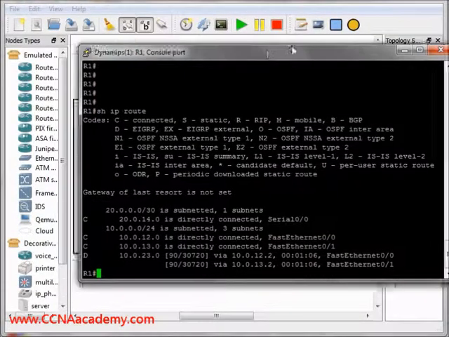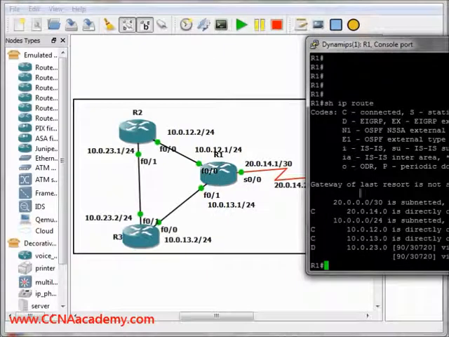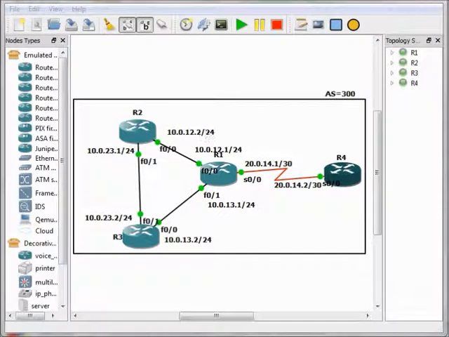Well, we can see that on router 1, the directly connected networks are 3 networks: 20.0.14.0, 10.0.12.0, 10.0.13.0, and router 1 knows about network 10.0.23.0 using D, which means that it knows about it using EIGRP routing protocol. So router 1 knows about all the networks.